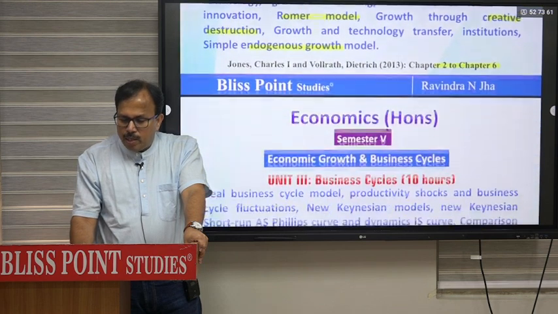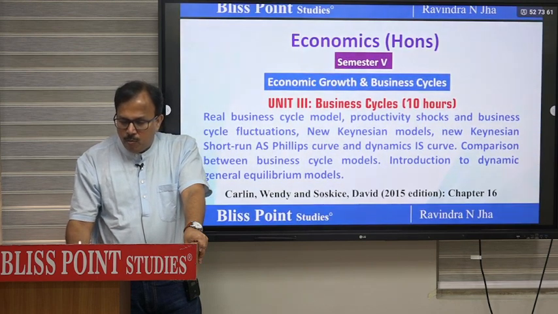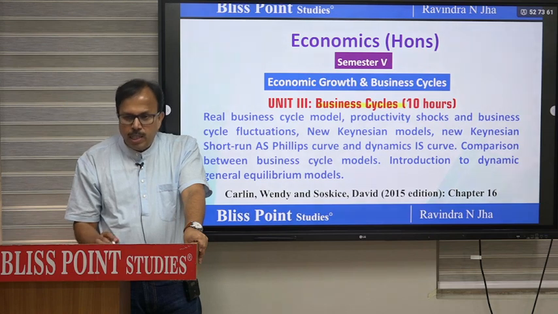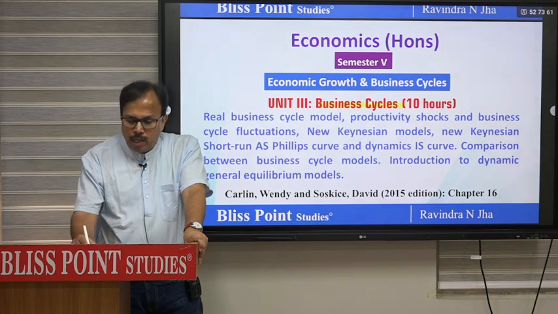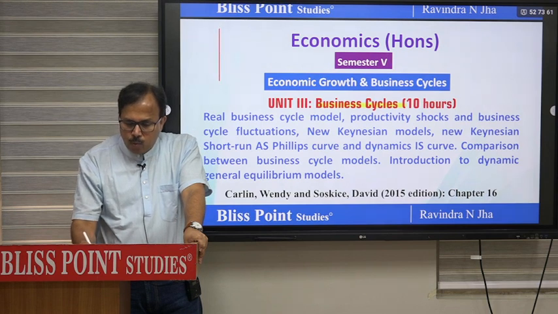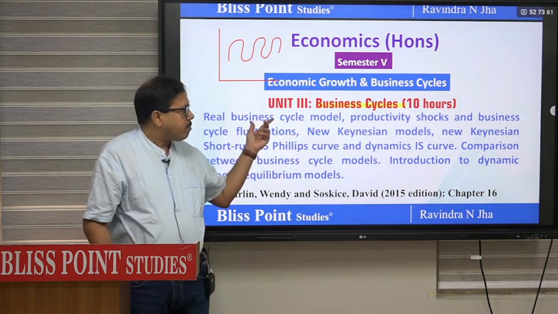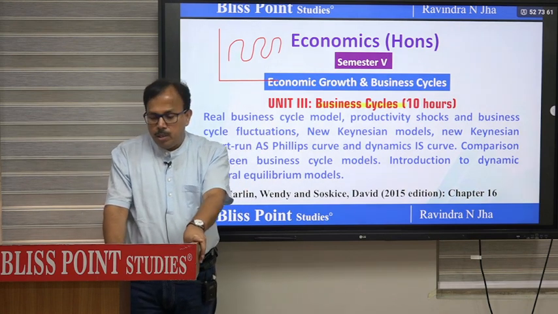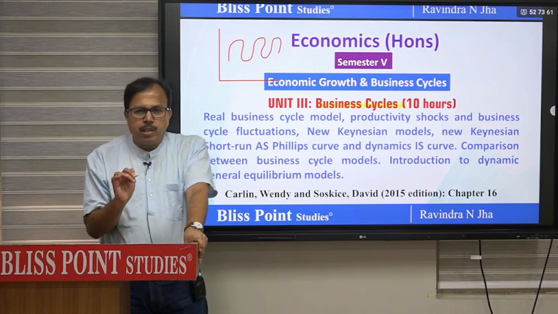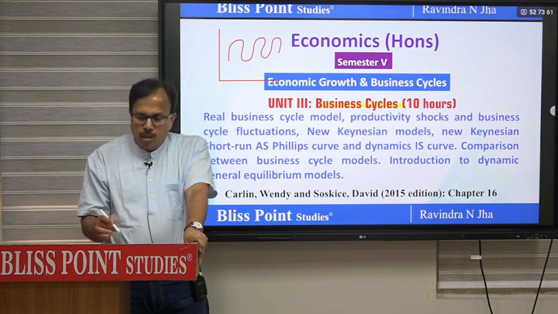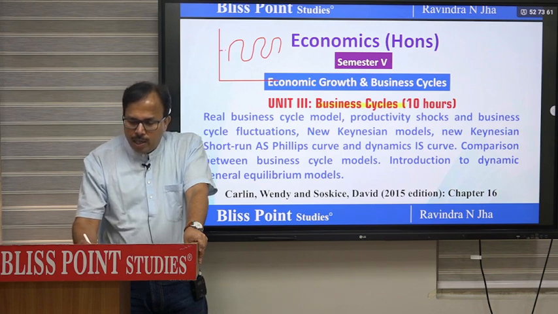Then the third unit is business cycle. This will explain how the economy fluctuates, that is, how GDP fluctuates. That means why GDP does not remain the same every year, why GDP fluctuates over a period of time. That fluctuation is explained by the real business cycle. The term real means real factors like technological change or the stock of capital, because they change, and as a result output also fluctuates, but it fluctuates around a long run average.